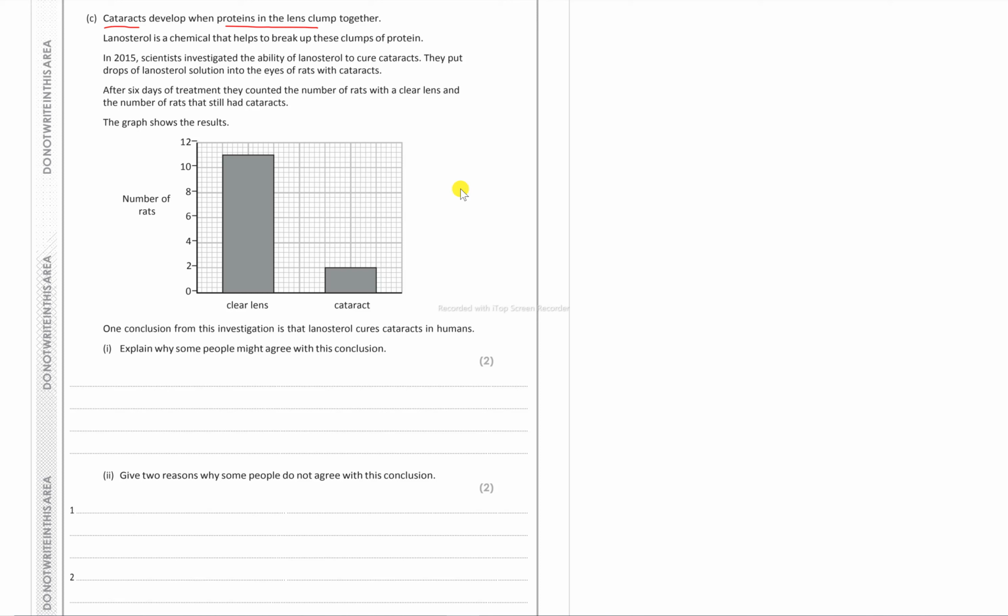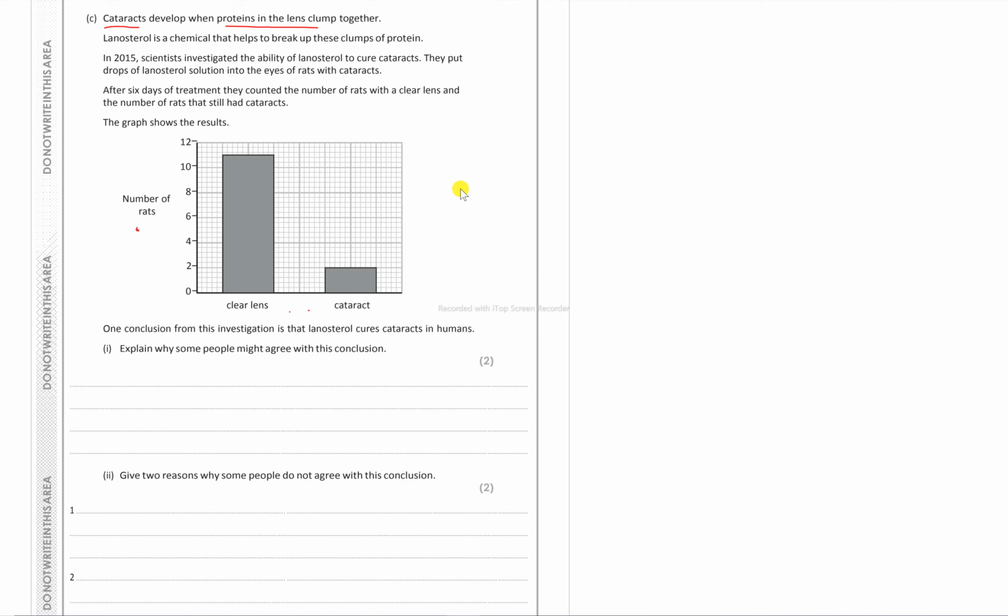In 2015, scientists investigated the ability of lanosterol to cure cataracts. They put drops of lanosterol solution into the eyes of rats with cataracts. After 6 days of treatment, they counted the number of rats with the clear lens and the number of rats that still had cataracts.